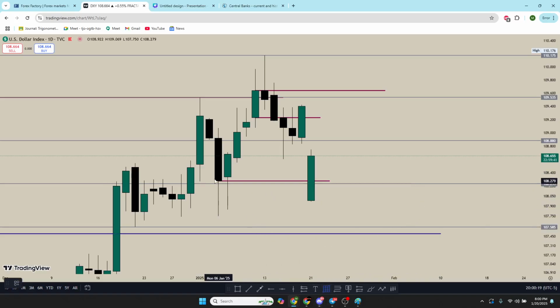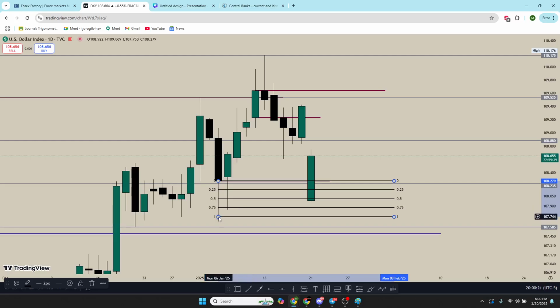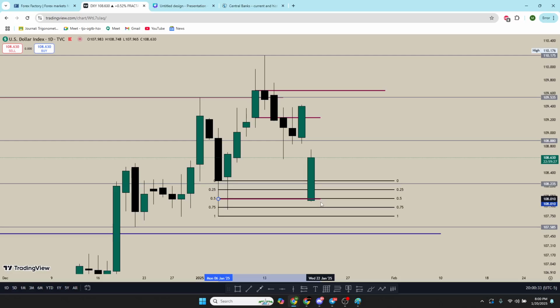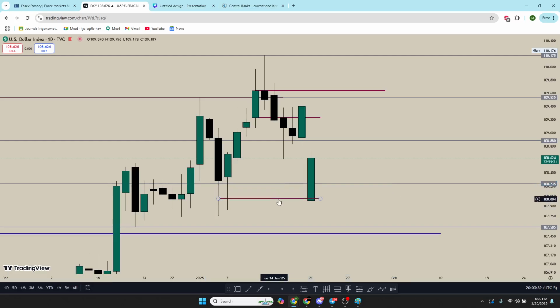What I see already is if we get the 50% of the rejection block, which is the lowest down close to the low of the candle, and we move this down here, we have a perfect 50%. Boom.